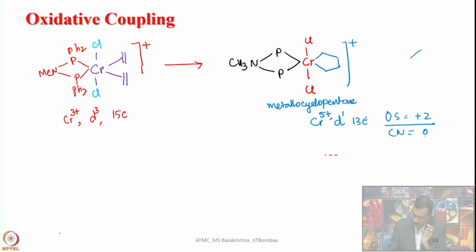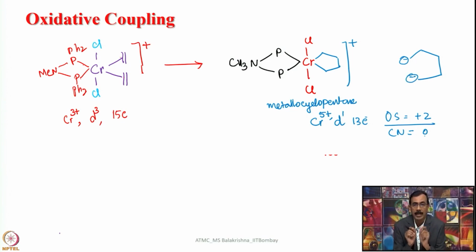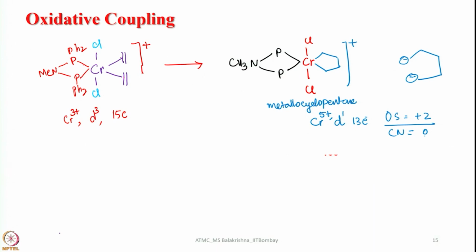So, for this one if you consider, this is anionic, this is anionic. Only thing is, compared to other molecules, we are not ending up with 2 independent anionic ligands, whereas here we have a dianionic ligand, and now this binds to the metal to complete the metallocyclopentane formation, and in this process we can see the metal oxidation state increases by +2 and the coordination number does not change, it does not matter.